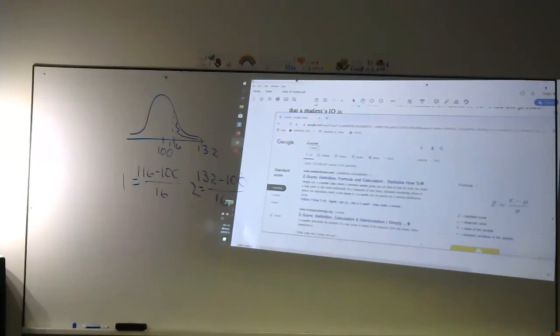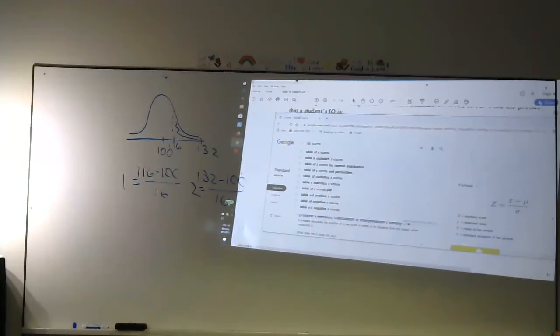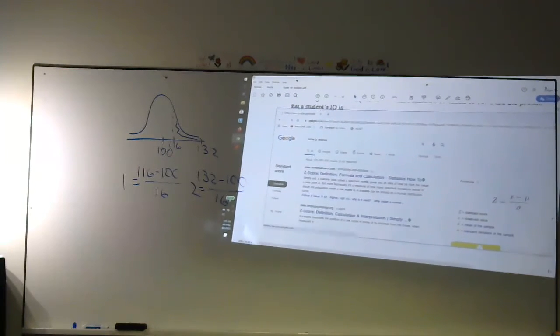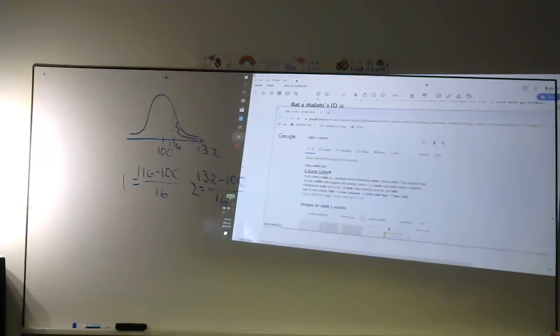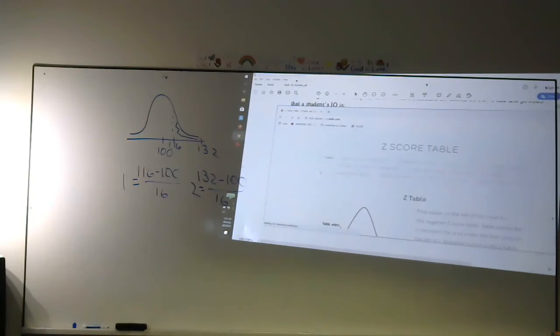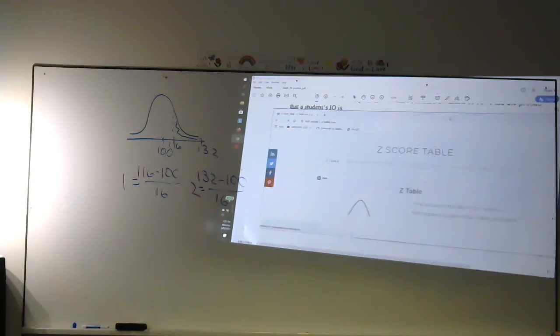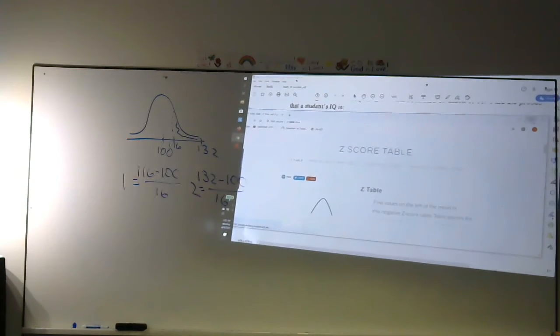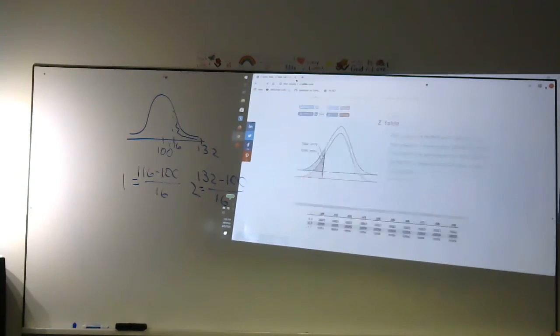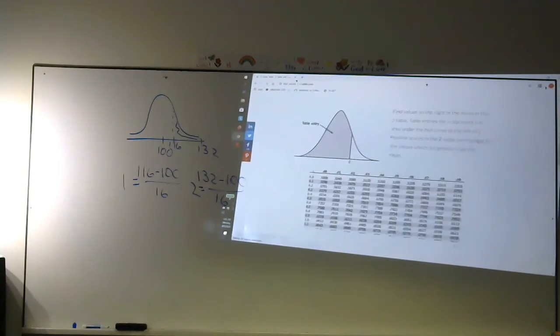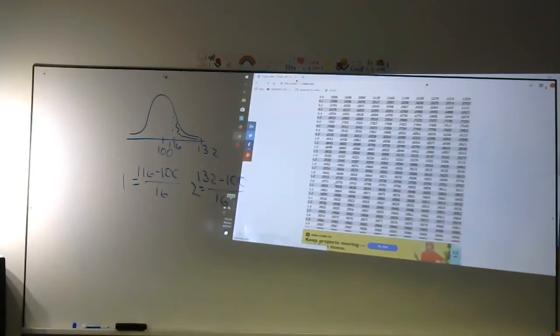I'm going to need a table. Okay, there it is. Now, so we've got to find 1 and 2.